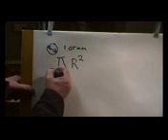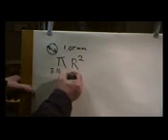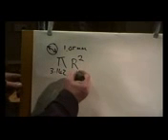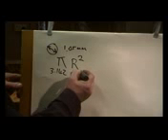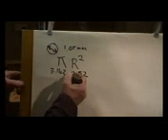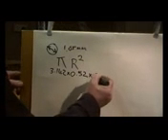So pi is 3.142, and if the diameter is 1.05, then the radius will be 0.5, and let's round it up to 0.52. We want 3.142 multiplied by that again.